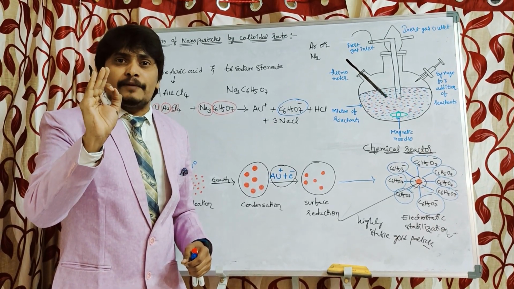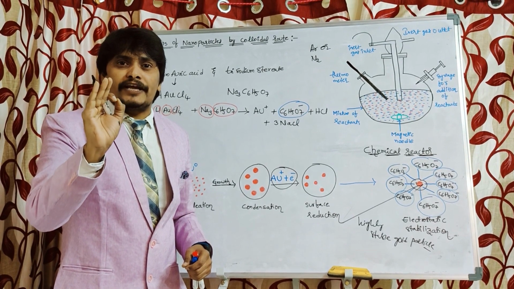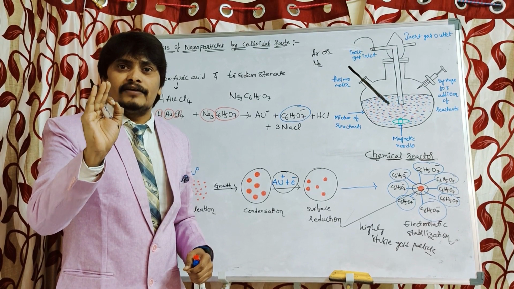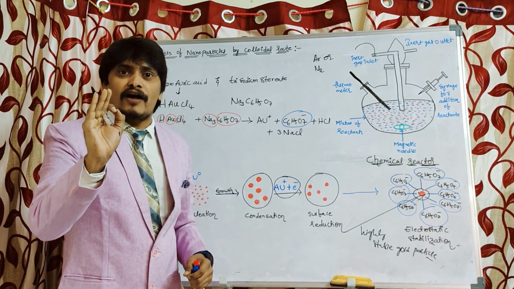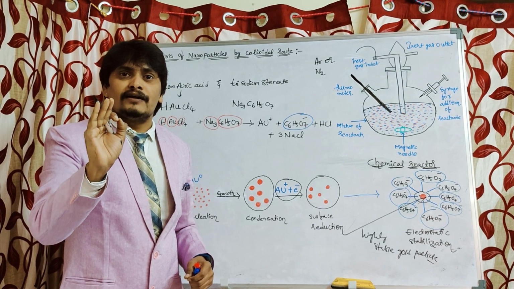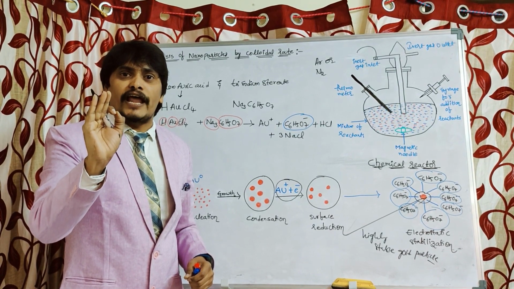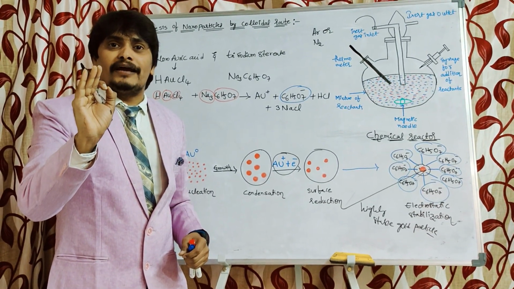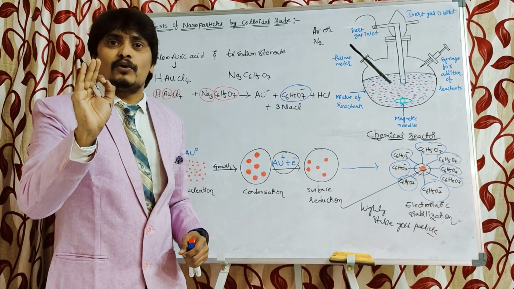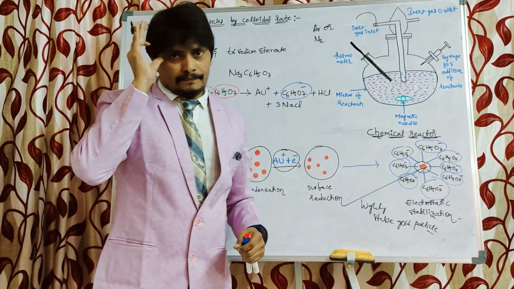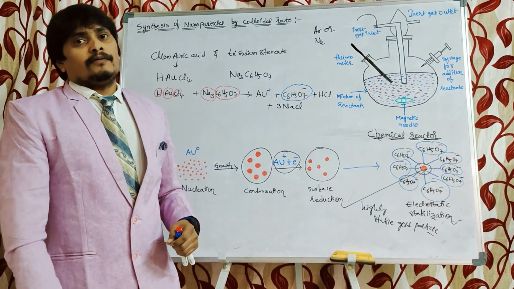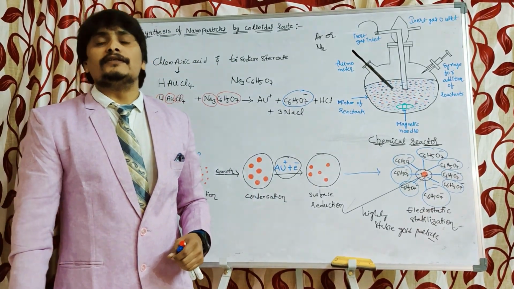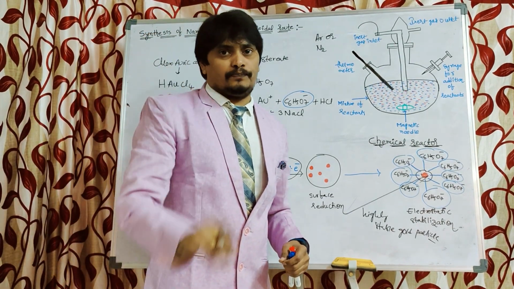Since the appropriate precursor for nano gold is chloroauric acid, we can easily prepare nano gold. If an appropriate precursor is present for any nanometal, that nanometal can be prepared very easily using this colloidal route. Not only that, by the colloidal route we can even prepare nanoalloys.